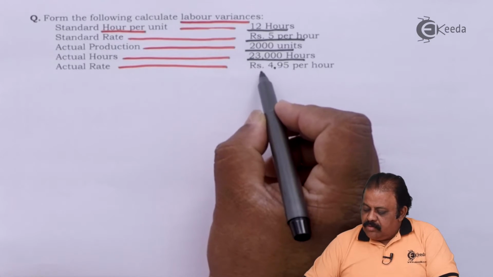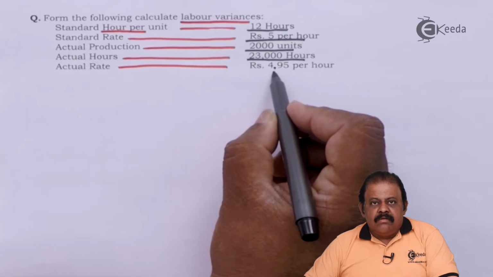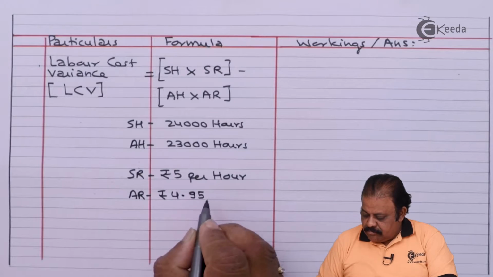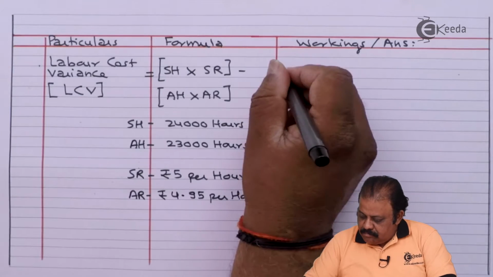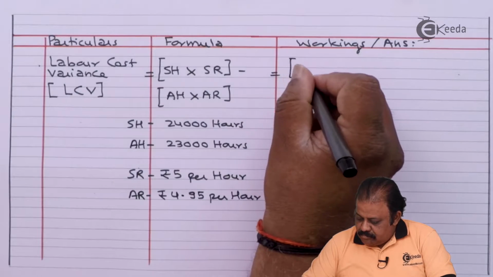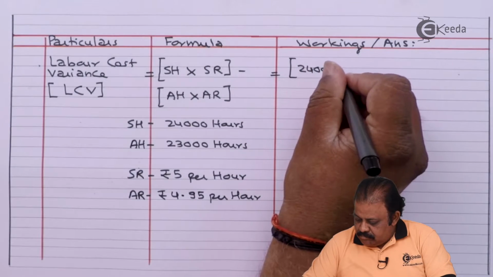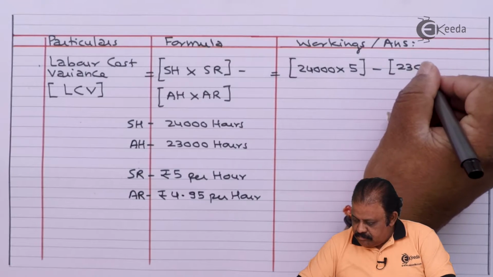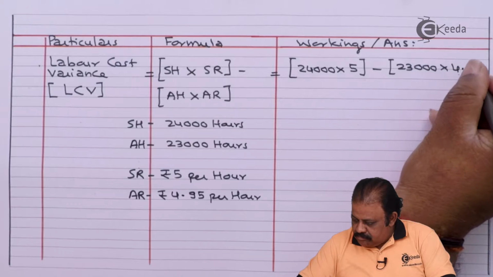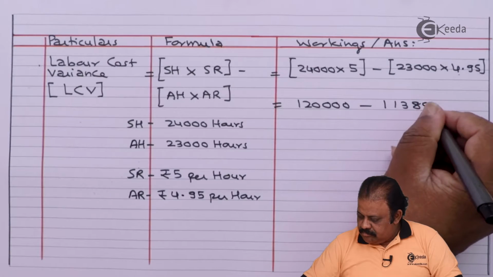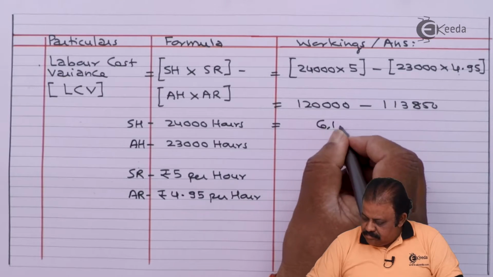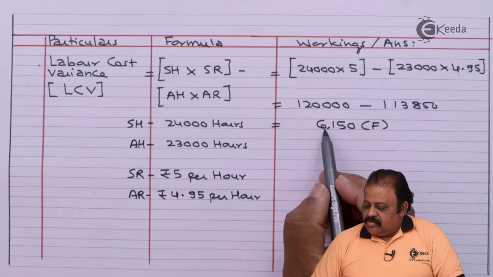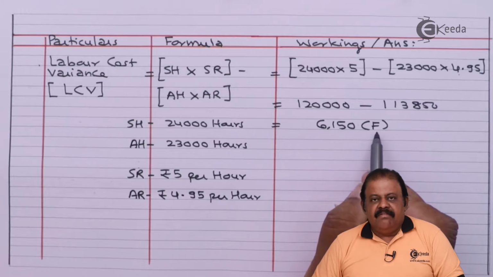Actual rate rupees 4 and 95 paise. Labor cost variance is 6,150 favorable.